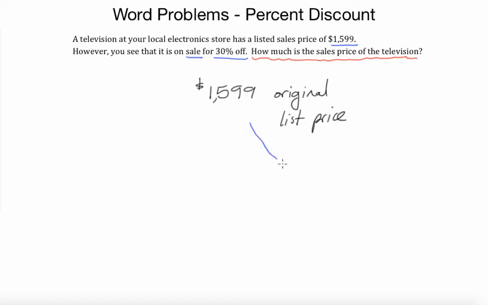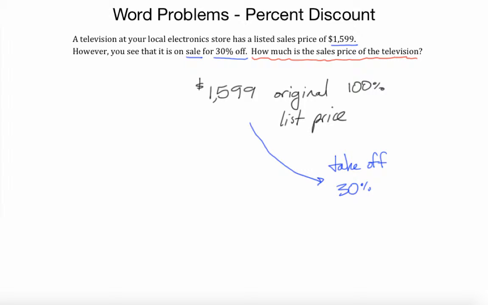I'm going to take off 30%. And if I think about it, if I take off 30%, how much does that leave? Well, the original list price would be considered 100%. That's the whole amount, the original full amount of the problem.